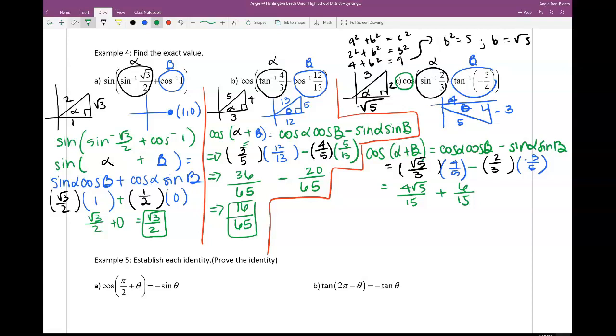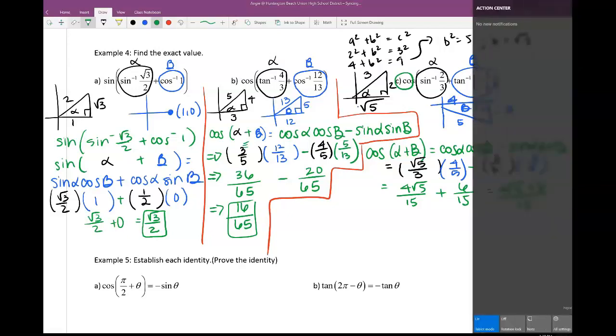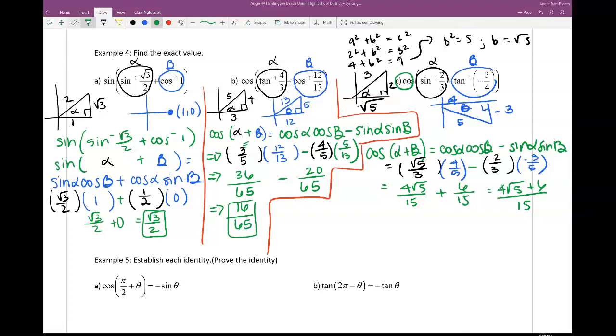So what can we do? Nothing. Am I right on that one? Nothing at all. Okay, here we go. So just 4 rad 5 plus 6 all over 15. Even if on the top I can factor out the 2, it's not going to help me reduce, so I'm just going to box it up.